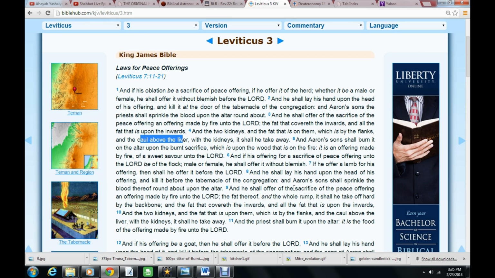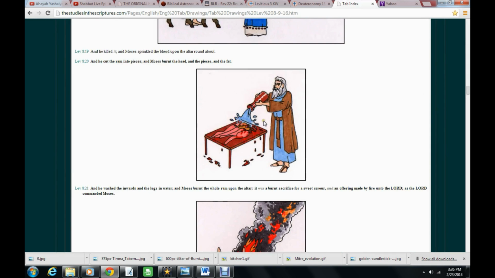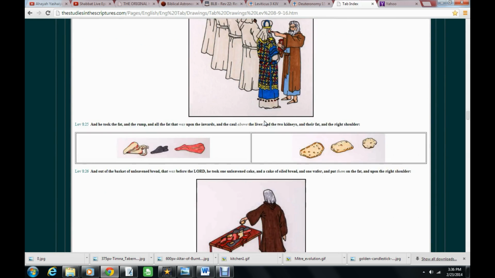And he shall offer of the sacrifice of the peace offering an offering made by fire unto the Most High, the fat thereof, the whole rump, it shall he take off hard by the backbone, and the fat that covereth the inwards, and all the fat that is upon the inwards, and the 2 kidneys, and the fat that is upon them, which is by the flanks, and the caul above the liver, with the kidneys, it shall he take away. So I'll be similar to this right here, this picture.